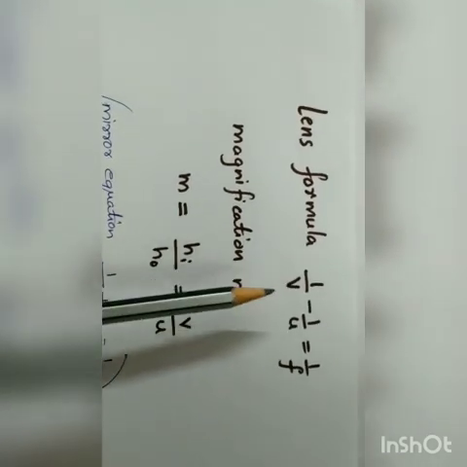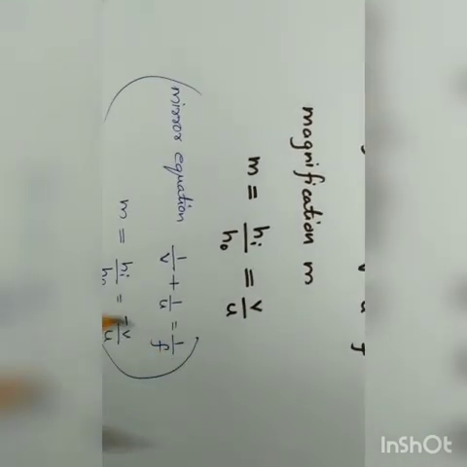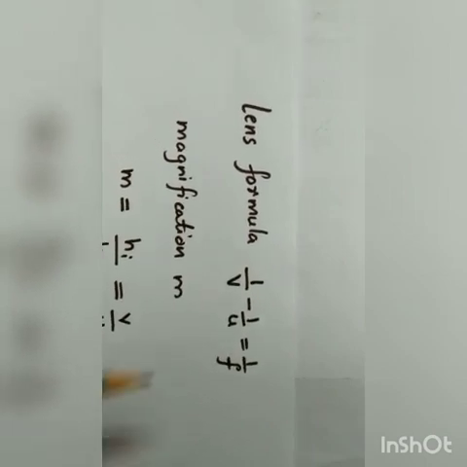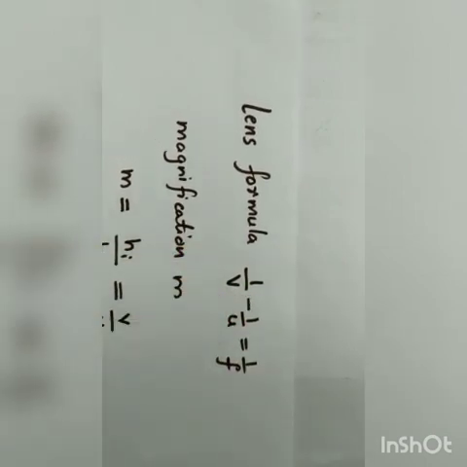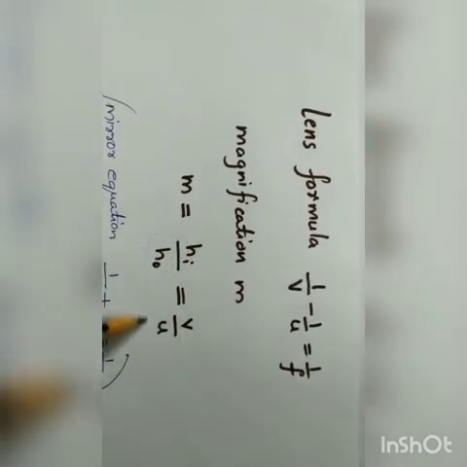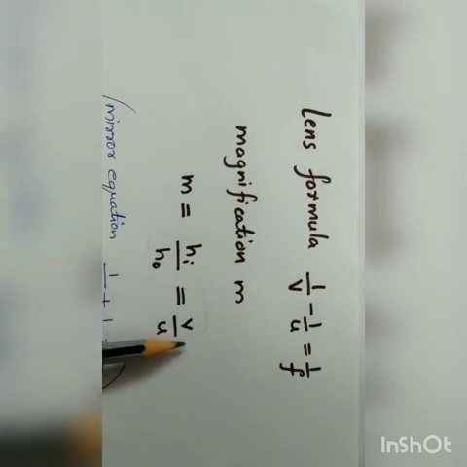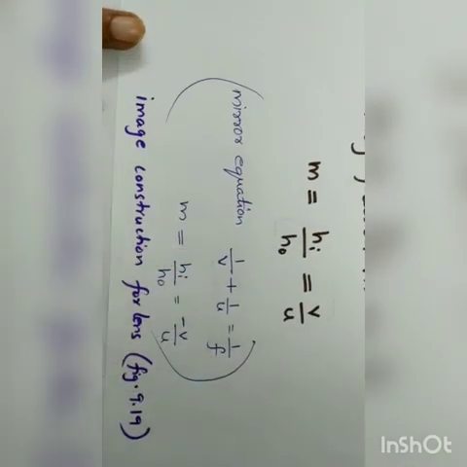Lens formula is 1 by V minus 1 by U equals 1 by F, while the mirror equation is 1 by V plus 1 by U equals 1 by F. So what is the difference? In the mirror equation it is plus and in the lens equation it is minus. Same thing, magnification for a lens is positive and for the mirror it is negative.